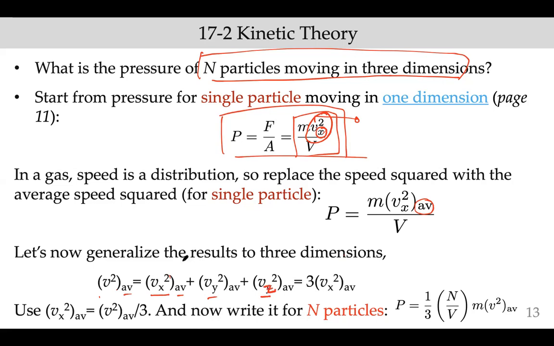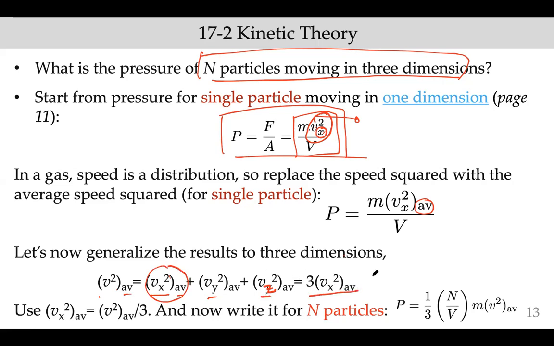The averages in each direction will be the same. There's no reason why the average speed in one direction is greater or smaller than the others. So they will all be the same. Instead of all of these, I can use this one and multiply it by 3.